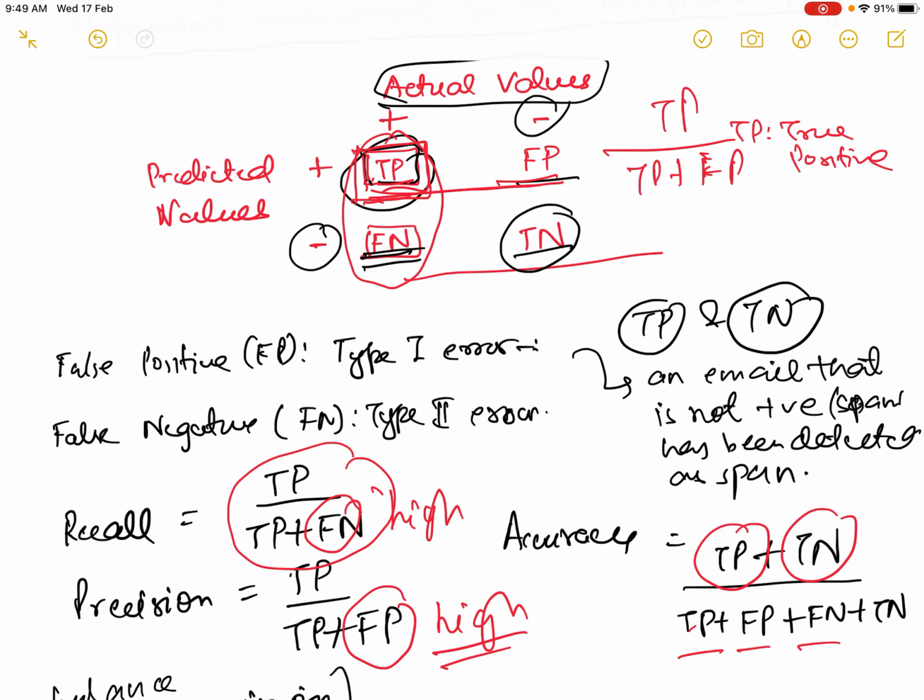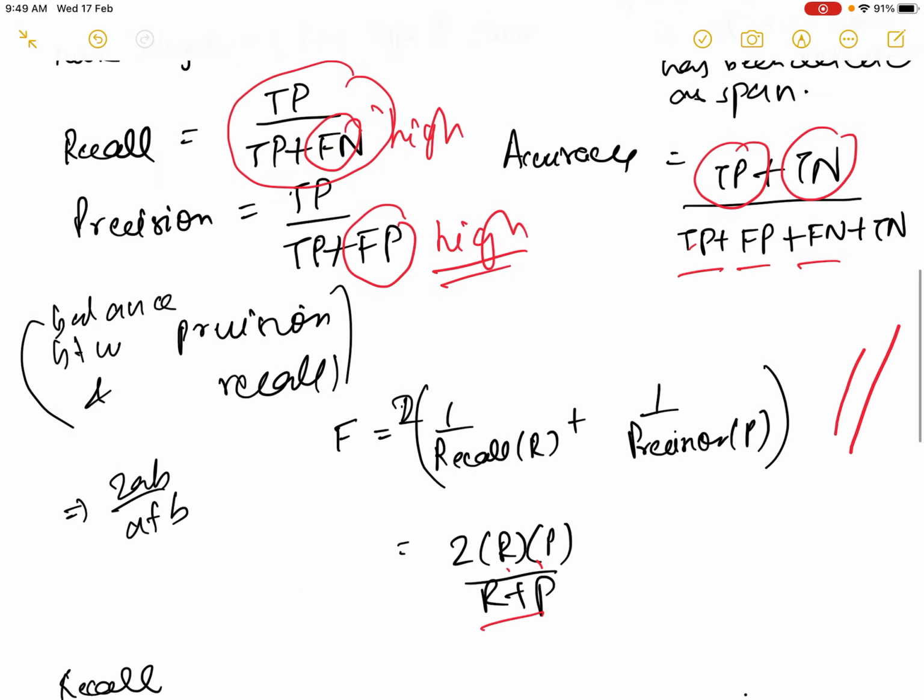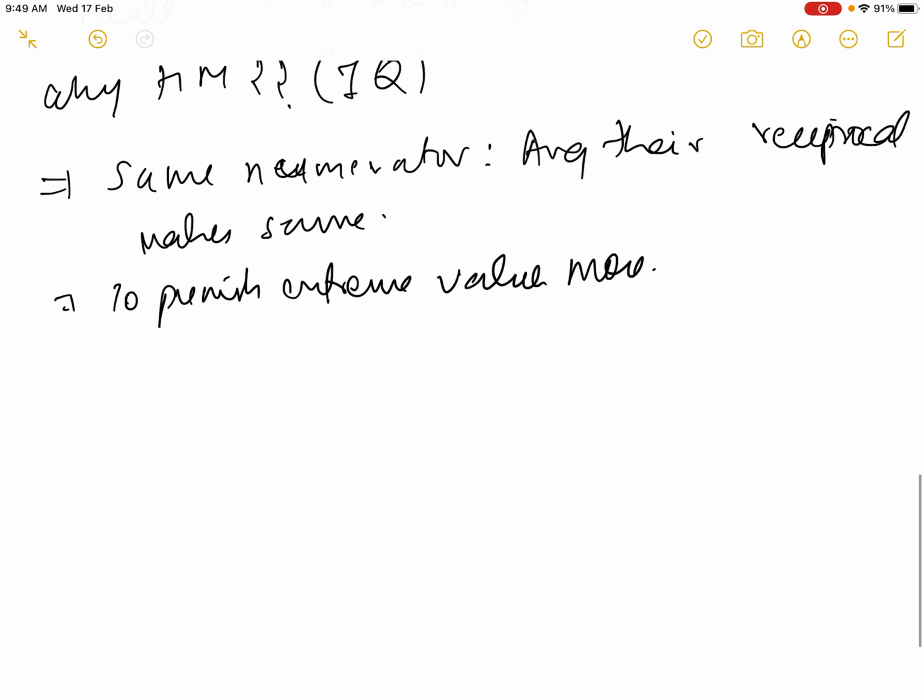Another reason, and that is quite important: I'll give you an example, and this example is very contrived. Say precision is 0 and recall is 1. It is just for the example's sake, so just listen to it.